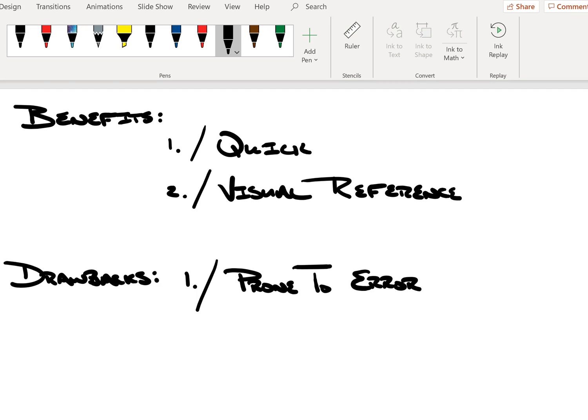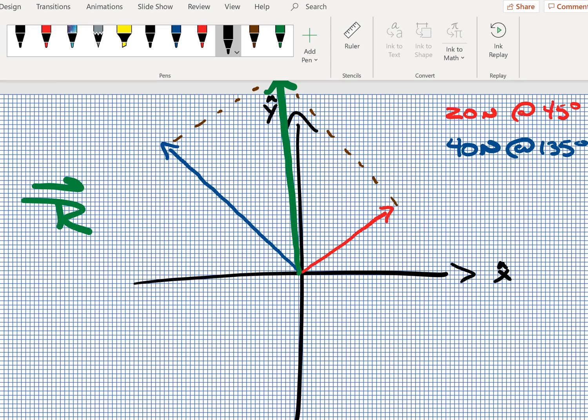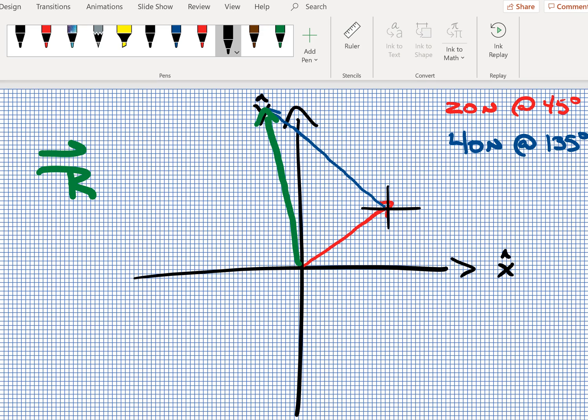Let's go back and look at this, and I will emphasize a couple of points. Regardless of whether I use the parallelogram method or the tip-to-tail method, when I draw this out, at least in principle, the length of the physical drawing of the resultant vector should correspond to the proper length of the resultant vector.